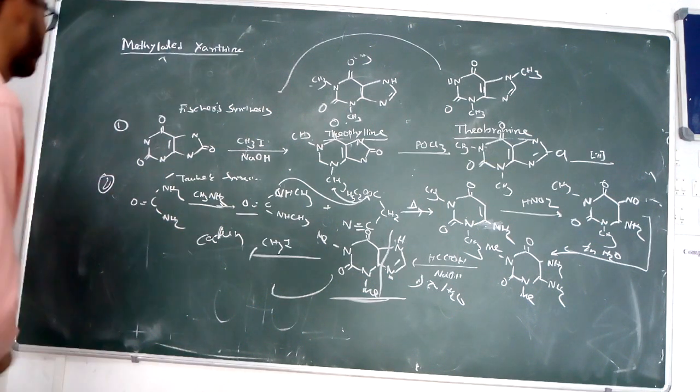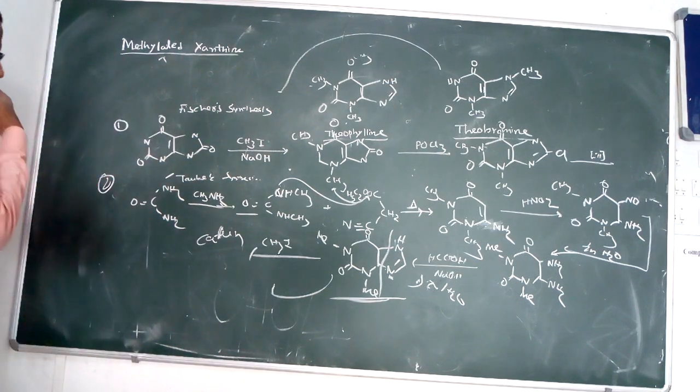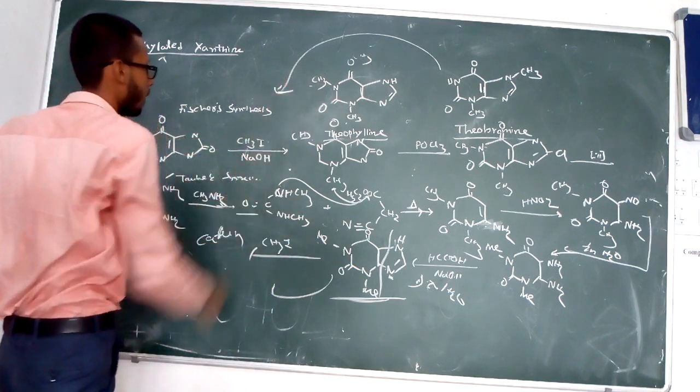The uric acid is treated with methyl iodide in the presence of sodium hydroxide for the synthesis of theobromine. What happened?